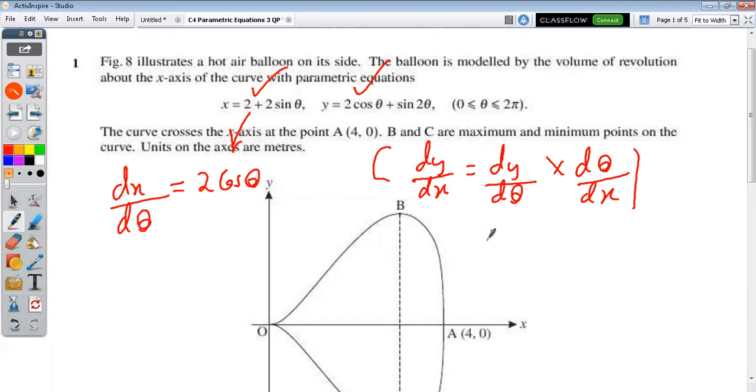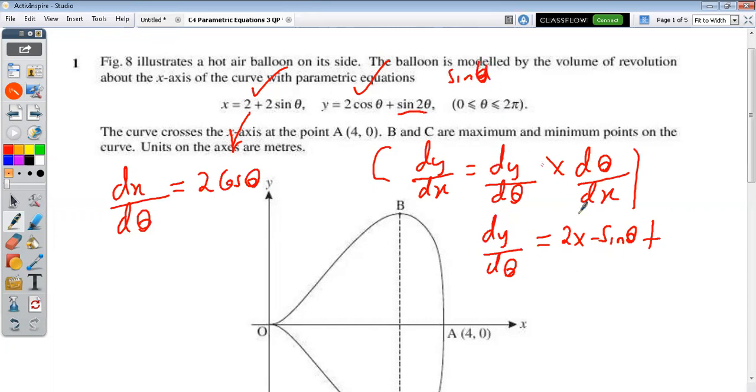Now the difficult part, dy over d theta is equal to this here. What is the differentiation of cos theta in your booklet? 2 multiplied by negative what? Negative sine theta. Plus, now chain rule, remember? We are simply thinking of this as sine u.